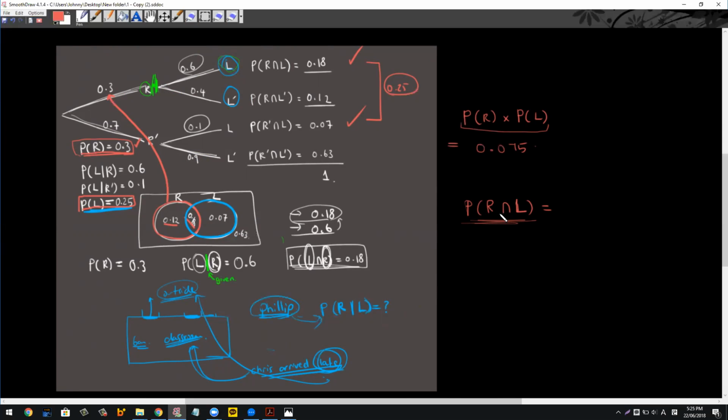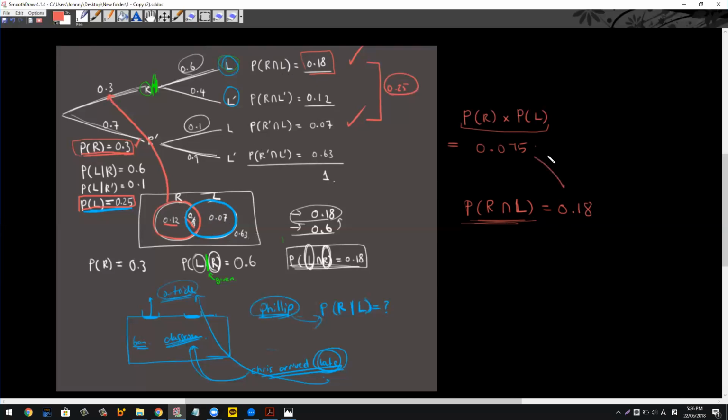Okay, so the answer is 0.18. So that's the middle bit there, R and L. So R and L is this whole thing. Maybe you couldn't see this one clearly, but that one there, that's the R and L, right? So that's actually the same thing as this. So that's equal to 0.18.